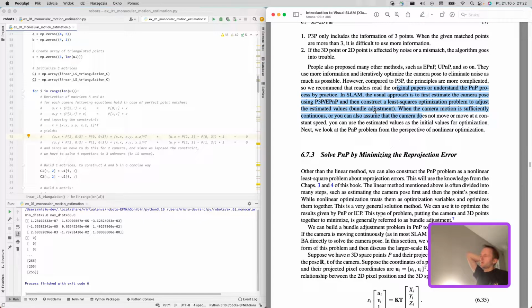Oh, so it's like our first guess, first take. Got it.